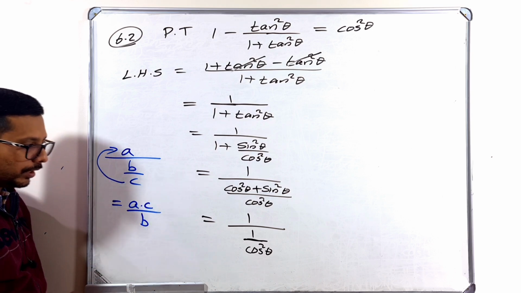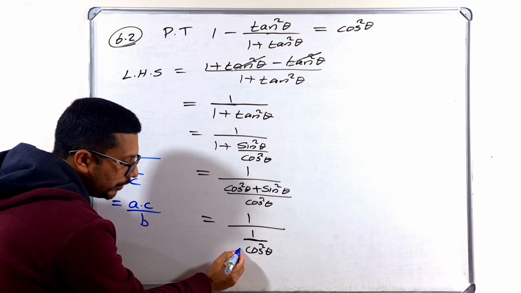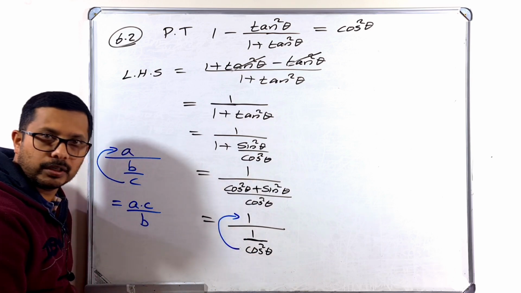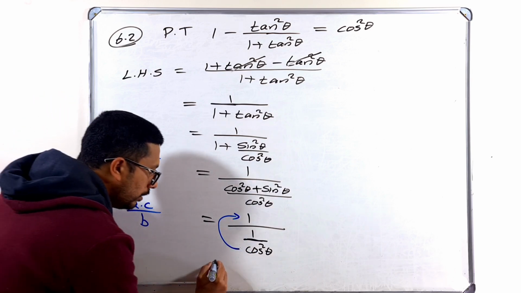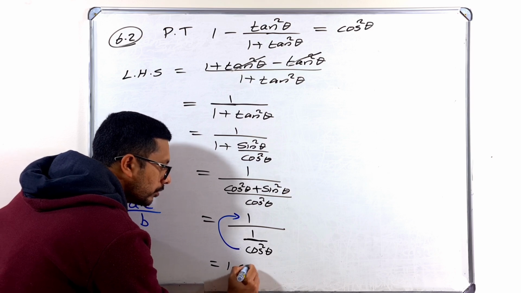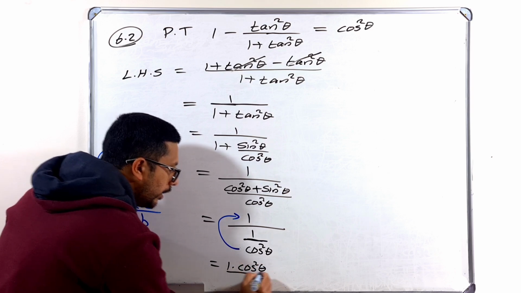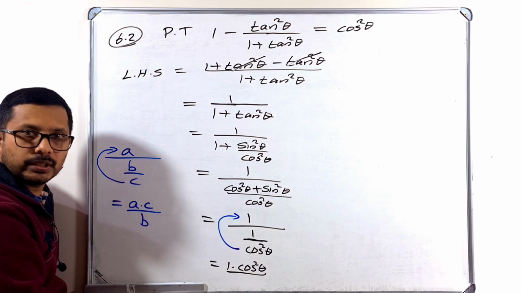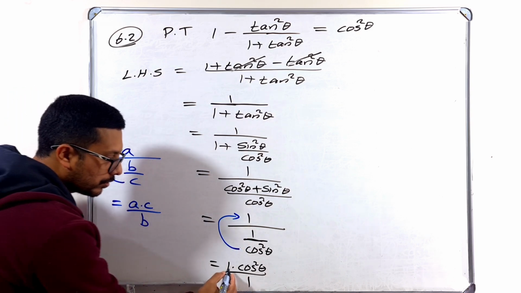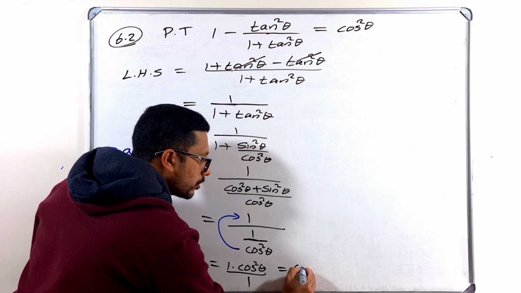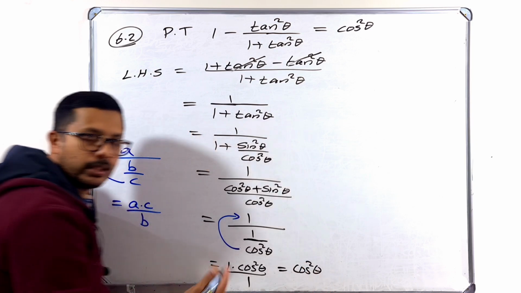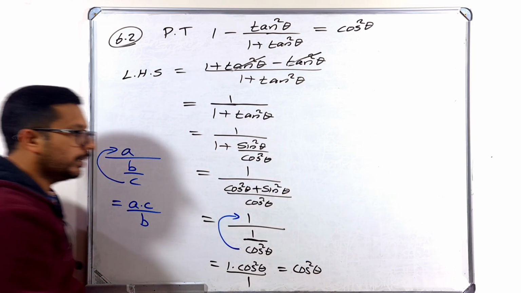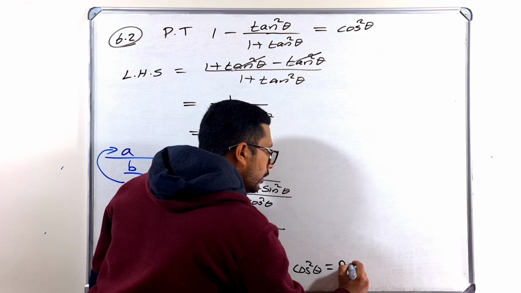Similarly, this cos squared theta we have to multiply to this 1. So it is 1 times cos squared theta divided by B, and in our case B is 1. So 1 times cos squared theta is cos squared theta, divided by 1 is the same cos squared theta, and that is our RHS.